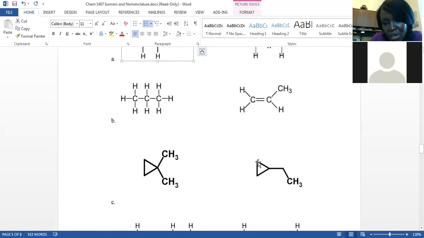And then on this one on the right, same idea. On each corner, we have a carbon. Each corner represents a carbon. And then remember, what is missing on the corner is the number of hydrogens required to make each carbon be surrounded by 4 bonds. So let me count the carbons first so I don't get lost in all the details. I have 1, 2, 3, 4, 5 carbons. So C5.